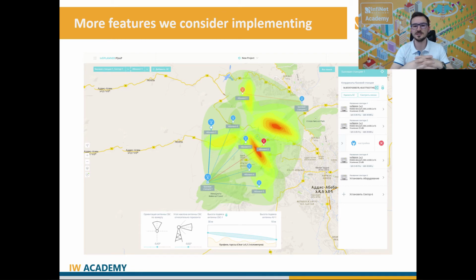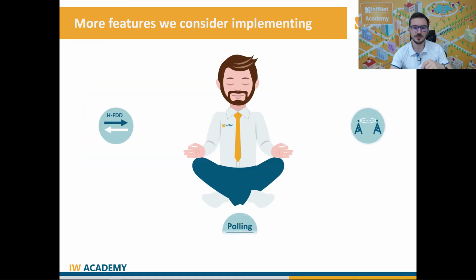So for example, in this case, in the green areas you have no overlap, and in the areas highlighted with yellow, orange and red you have different degrees of overlap. So you will get a good idea of the areas where you will have much interference between your sectors.